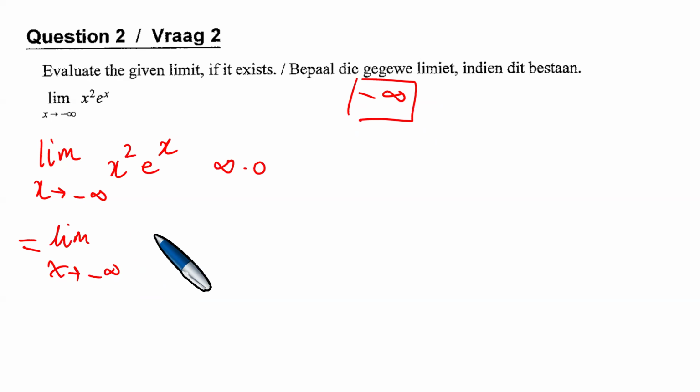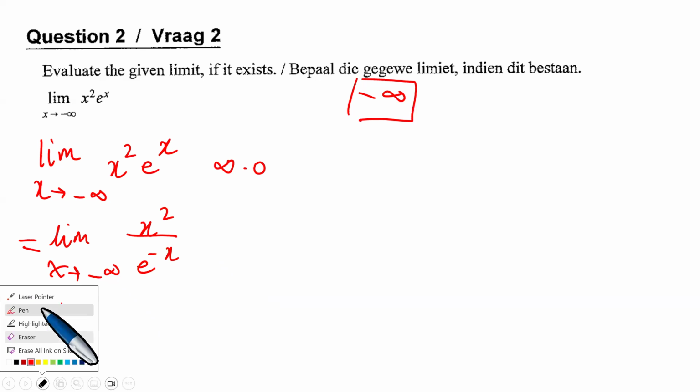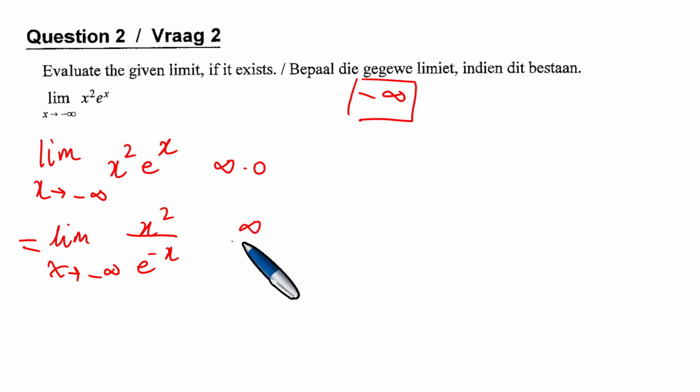As you look at this question, a couple of things you need to take into account. You can write this as x squared divided by e to the minus x. In which case, as x approaches negative infinity, you have infinity over the bottom, which is also going to become infinity.